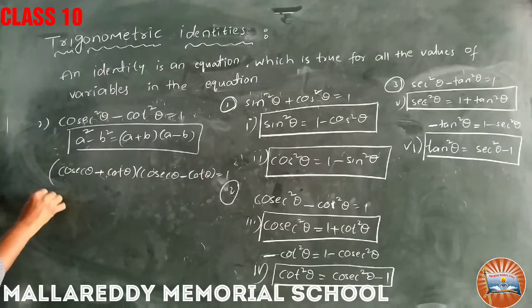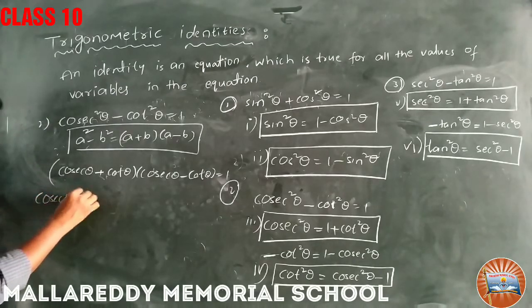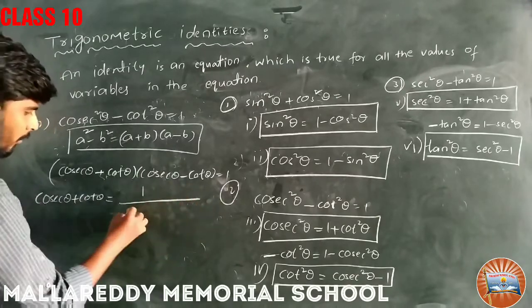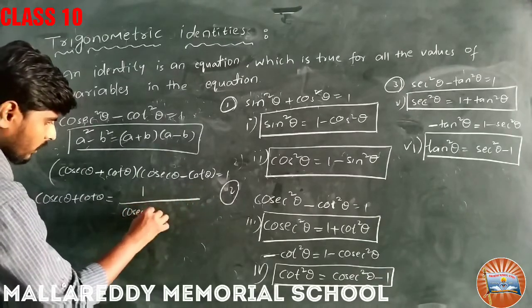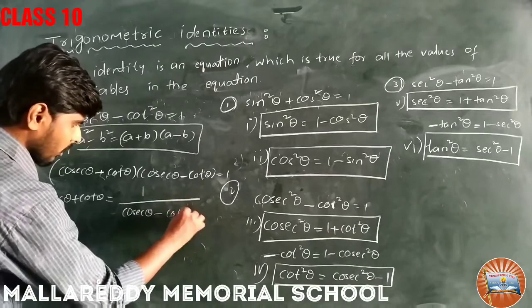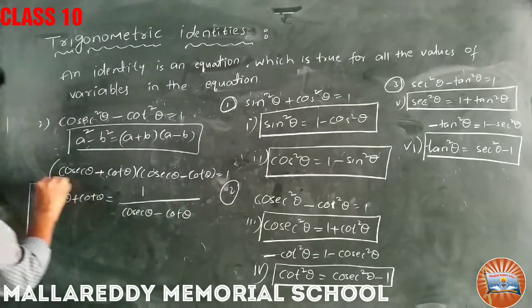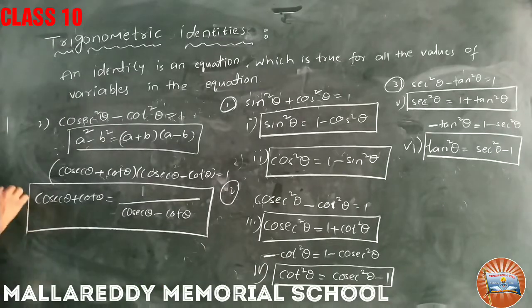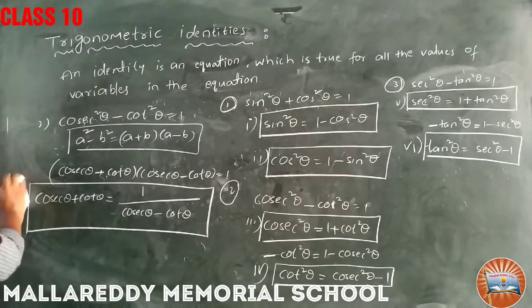For example, we can write cosec theta plus cot theta equals 1 by cosec theta minus cot theta, since this goes to the denominator. This is also a formula we shall use. This is the 7th one.